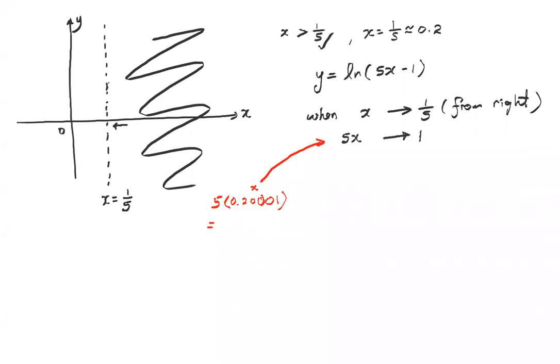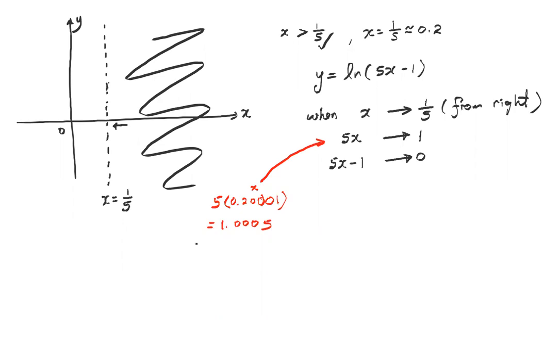Maybe you cannot see two steps at a time. So this will be 1.0005, correct? So it approaches 1. Now you tell me what will happen to 5x minus 1? It will approach 0. But it's not 0, bear in mind.